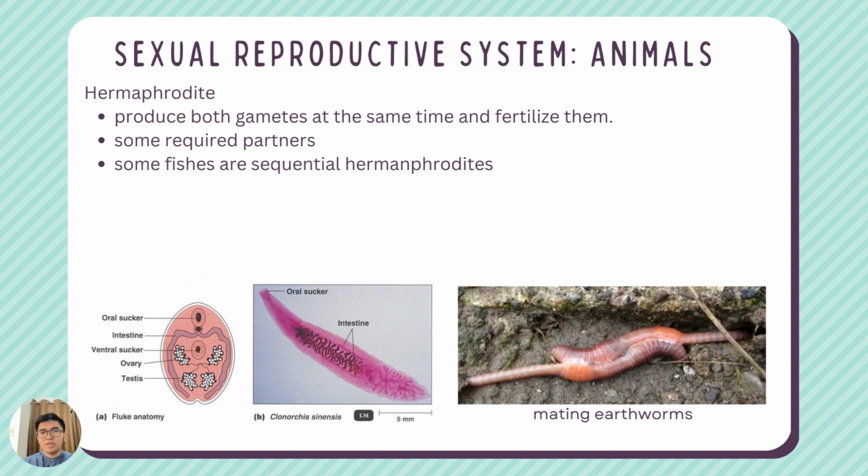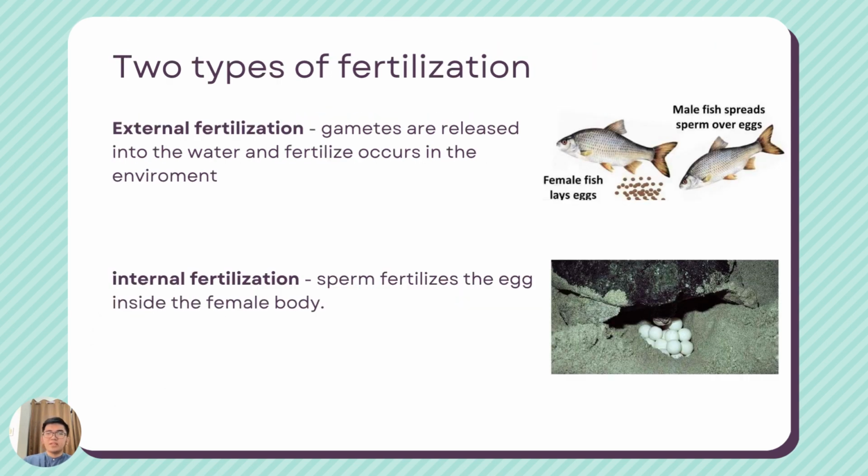We also have the hermaphrodites, which produce both gametes at the same time and fertilize them. Some require partners. Some fish are sequential hermaphrodites. In fishes or animals, we have two types of fertilization.